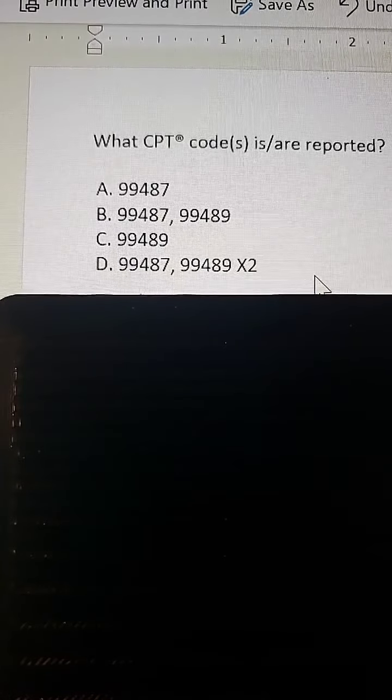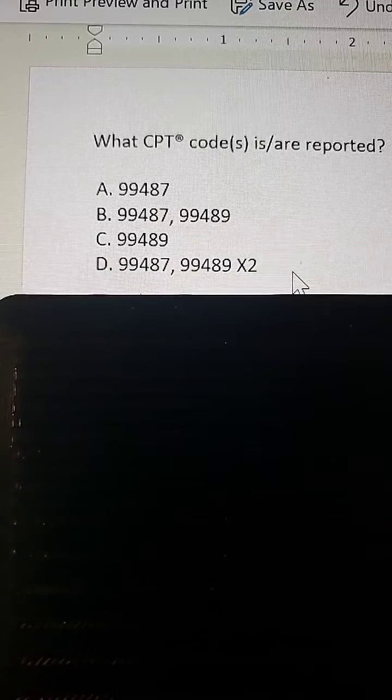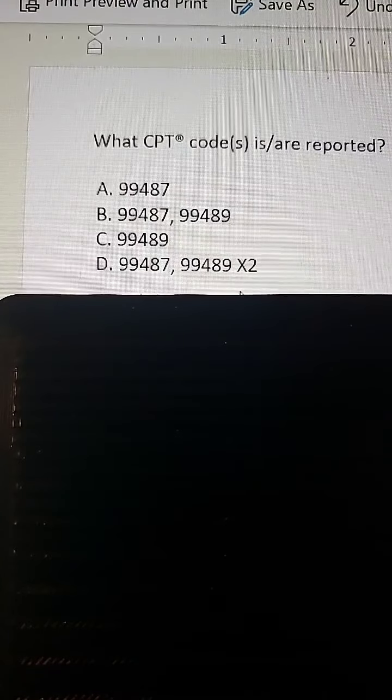So we've got complex chronic care management services. And I do have an add-on code, which is our 99489, which we can use if we needed to use an additional 30 minutes. The first 99487 counts for the very first hour.